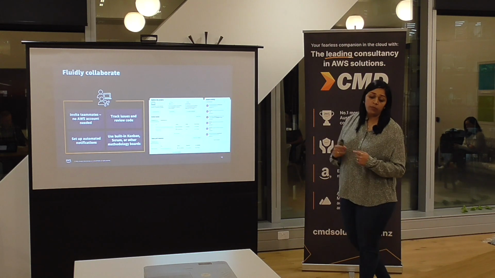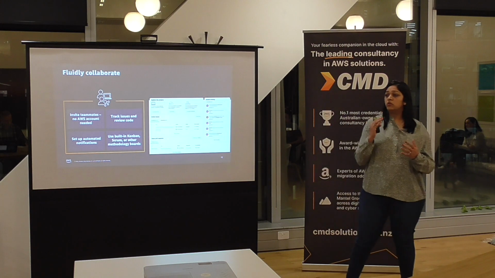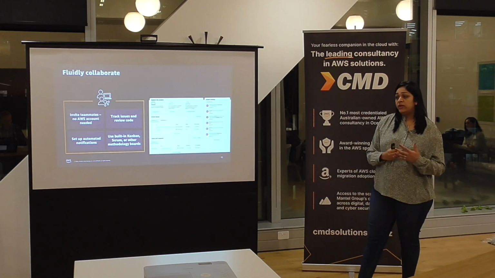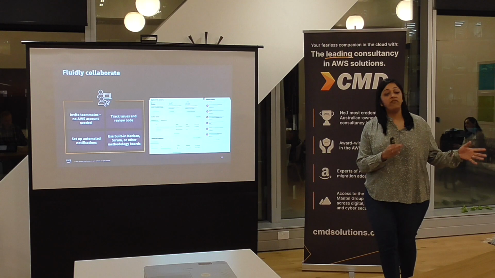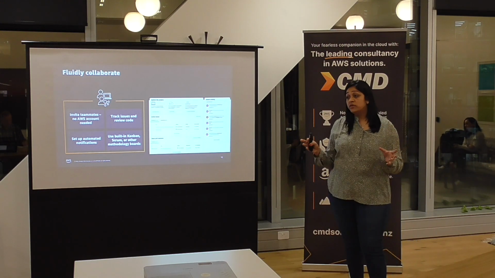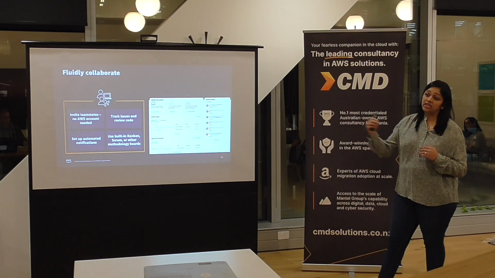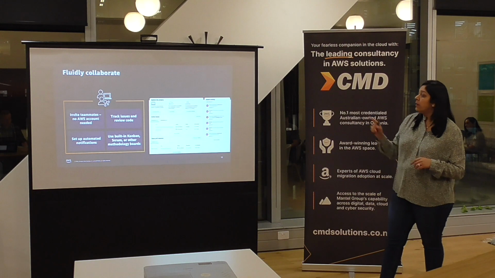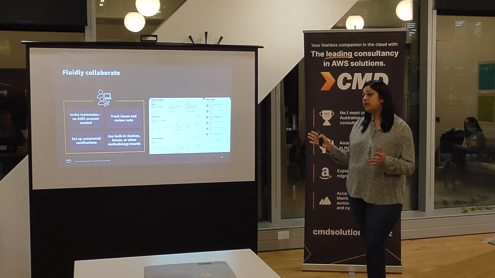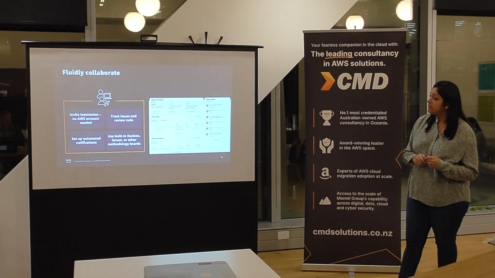And this is quite an important feature because when we were working with the customer, as a developer, if you are using CodePipeline or CodeDeploy or those services, you needed to have an AWS account. And sometimes the data will reside in those accounts where the organization did not want developers to have access to that data. But with CodeCatalyst, with no access to AWS accounts, your developers can still access all these dev tools directly.